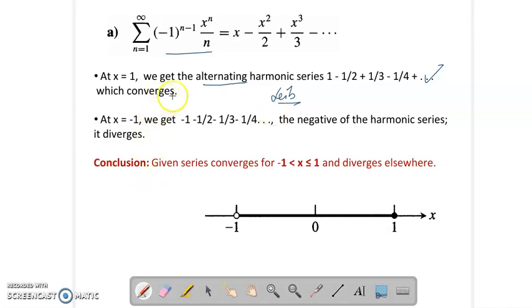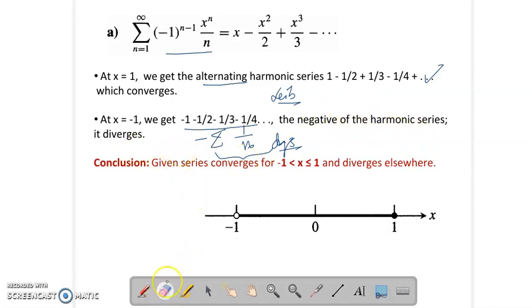Okay. Then what if x is equal to minus 1? At x equal to minus 1, this is minus 1 minus 1 by 2 minus 1 by 3. So basically this is the negative of the series summation 1 by n. Now this series is a divergent series. This is by P series test. So every constant multiple of a divergent series is again divergent. So this is the negative of the harmonic series and it diverges.